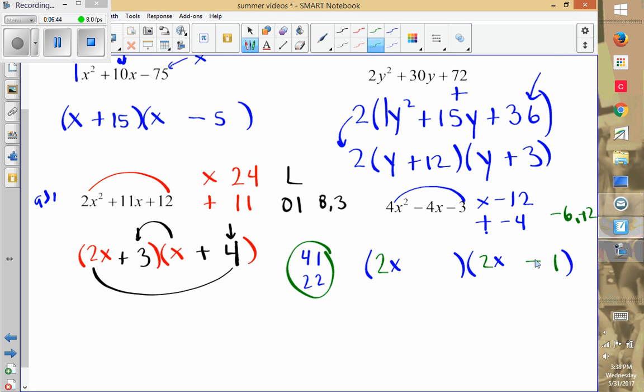So that means this is a positive 1, which gets me the positive 2 that I need. And in order to get to negative 6, I'm going to have 2x and negative 3. So that gets me negative 6 on the inside and positive 2 on the outside. That will add together to get me negative 4x. And negative 3 times positive 1 gets me the negative 3. So I know I've done that right.